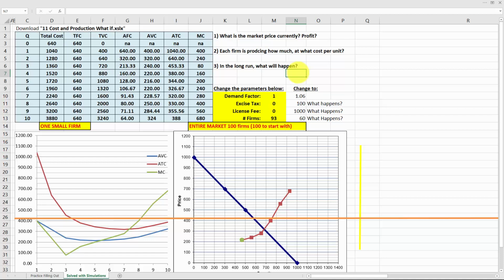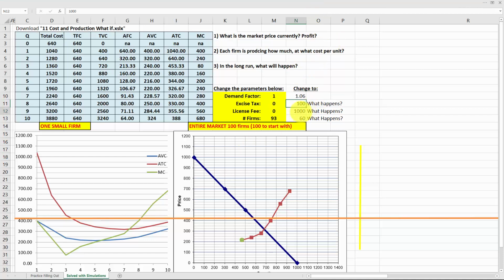Now, let's think about these license fees. If they're big enough, maybe the way that you finance this license fee is you borrow money from the bank. You pay your license fee, and then you pay a little bit back every day. Is this going to be a variable cost, where the more you produce, the more the license fee costs you, or is it going to be a fixed cost that you have to pay regardless of whether you produce or not? It's going to be a fixed cost.